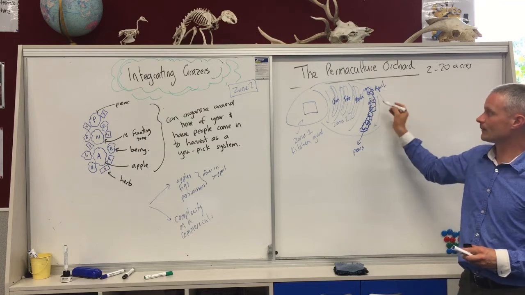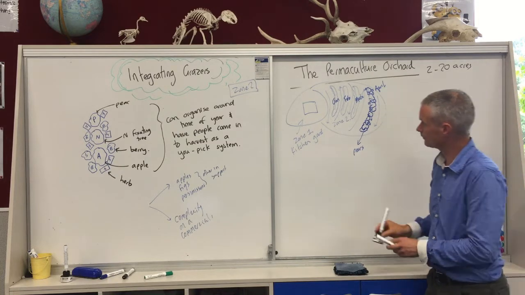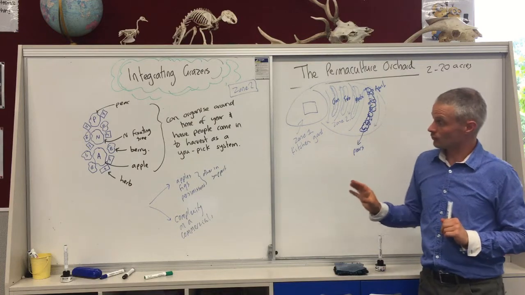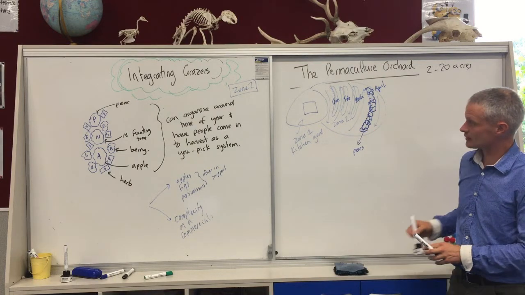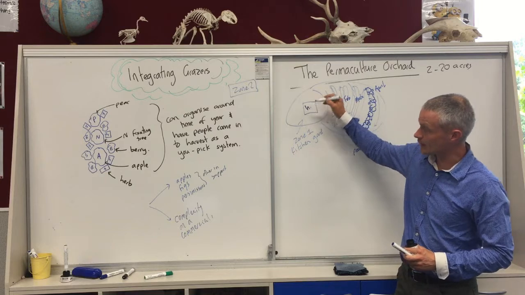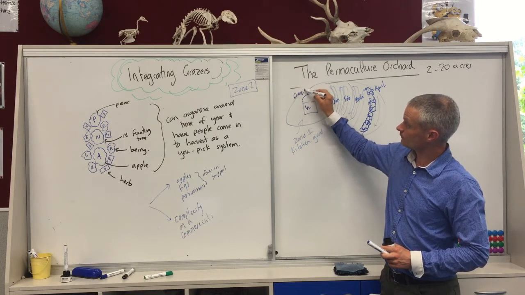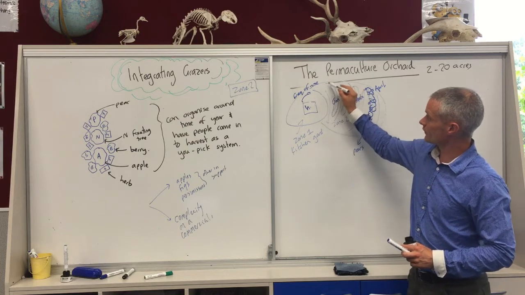So thinking about how you're going to structure the layout of that orchard, position it in relationship to the house for frequency of use, or the road.